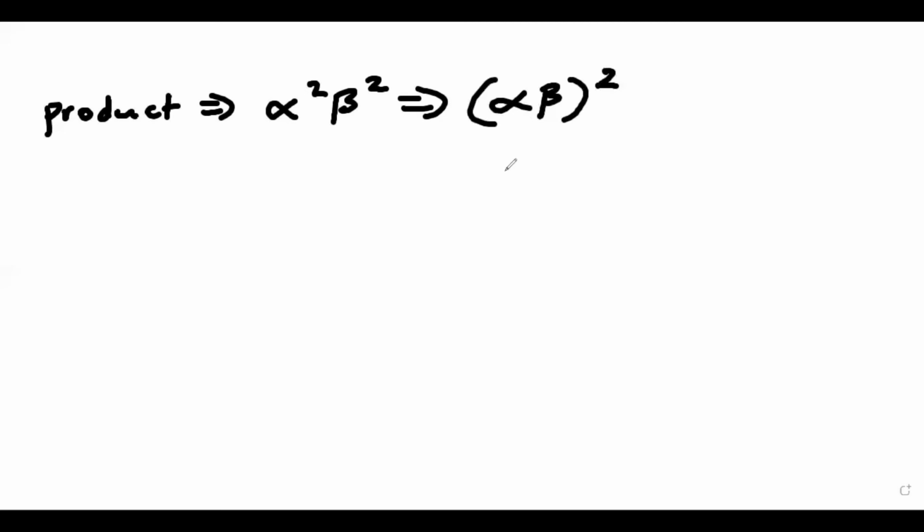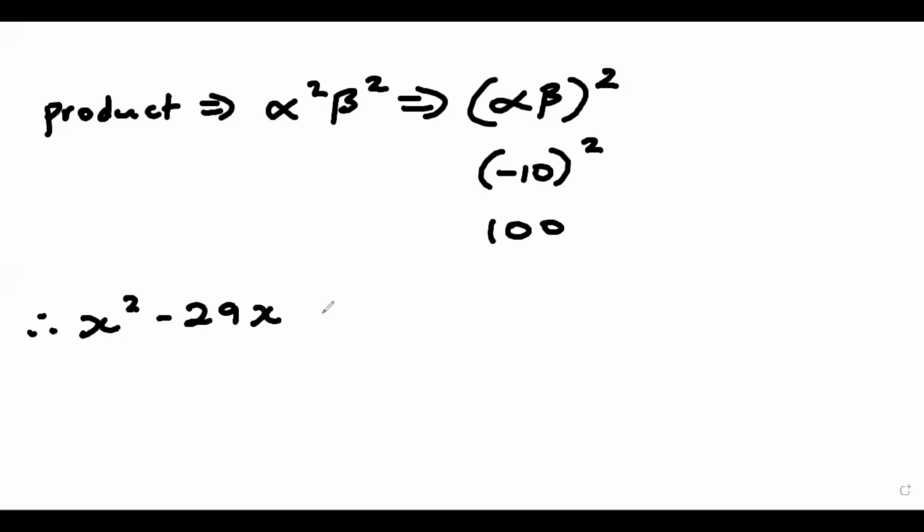Now alpha beta was minus 10. So if you square that, you're going to get 100. So then your final equation is going to be x squared minus the sum of the roots, which was 29, times x, plus the product of the roots, which is 100, and that is equal to 0.